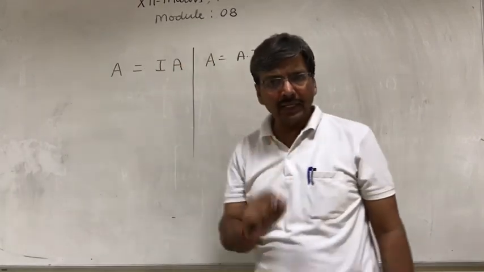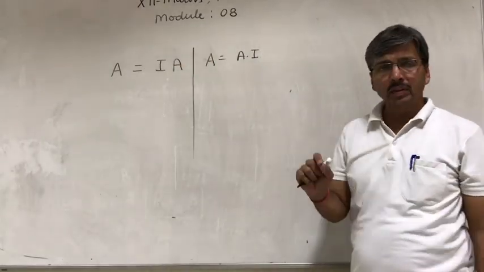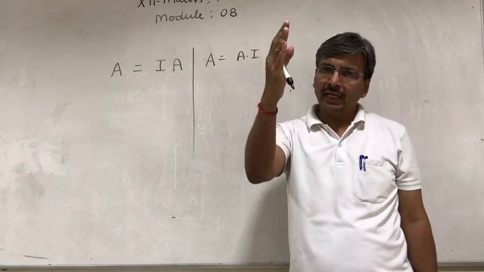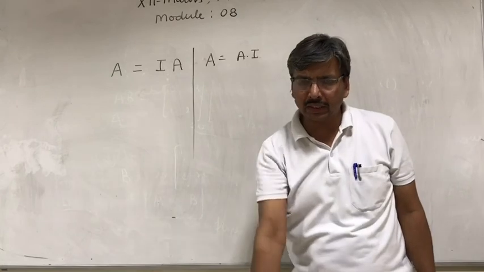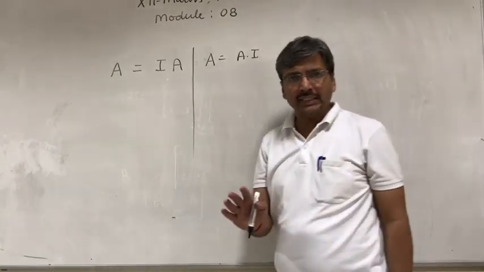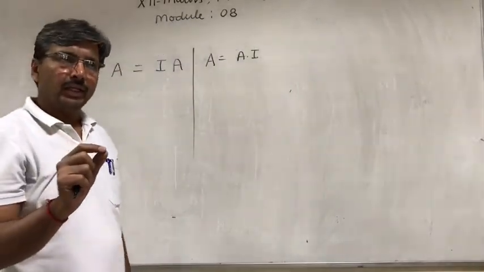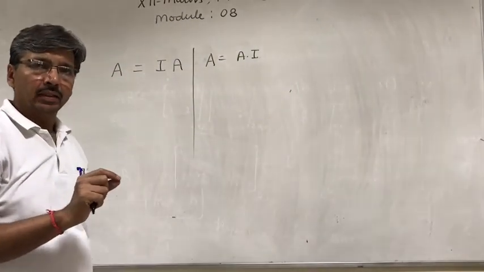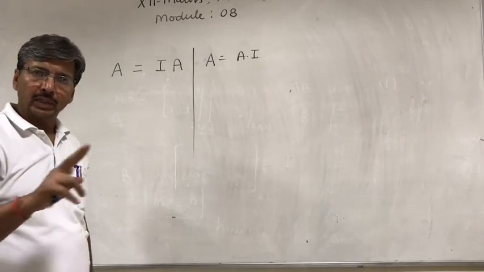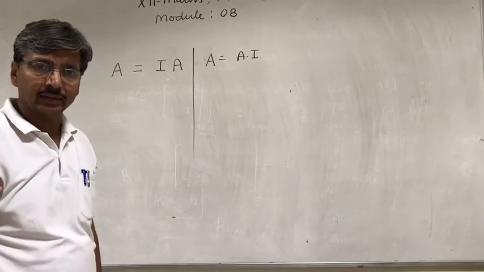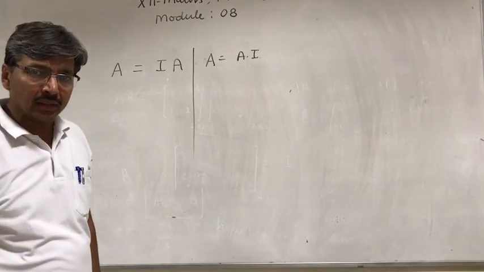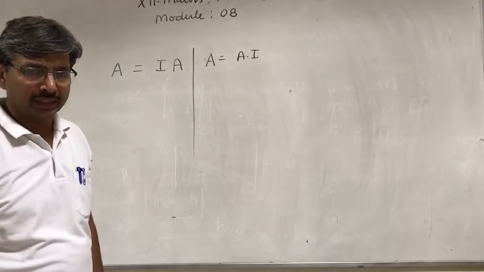And if we apply column transformations, then we will apply only column transformations throughout the question. We can't do that in one step we apply row transformations and in another step we apply column transformations. You can't do like this. We will apply only either row transformations or column transformations.